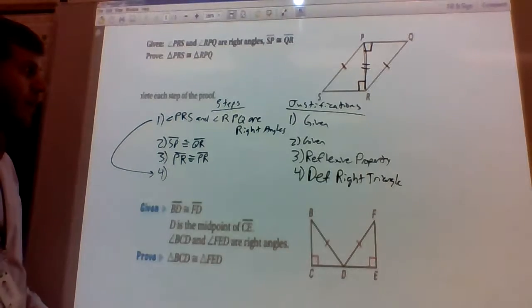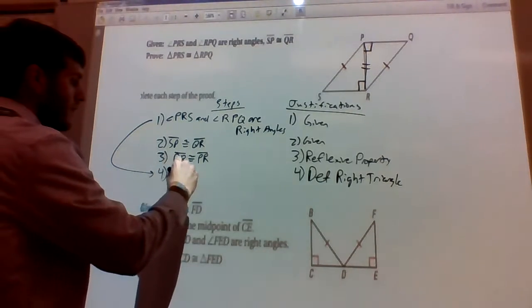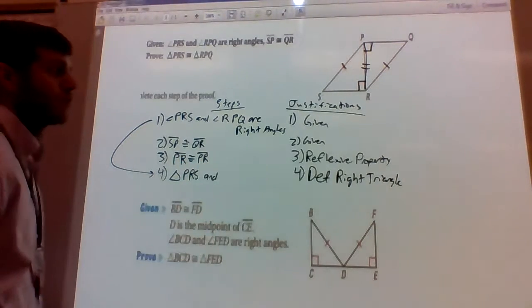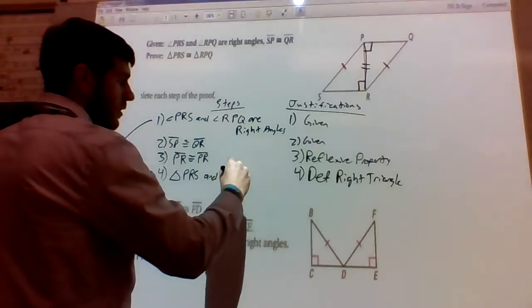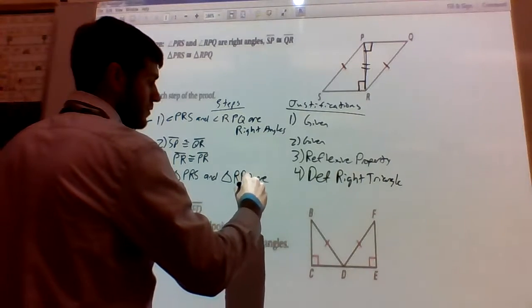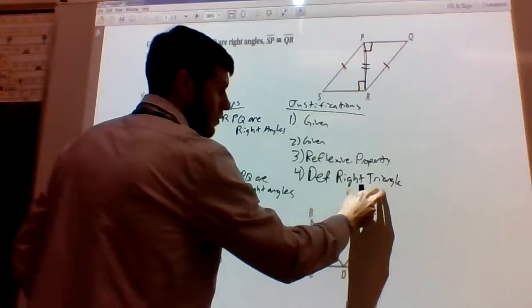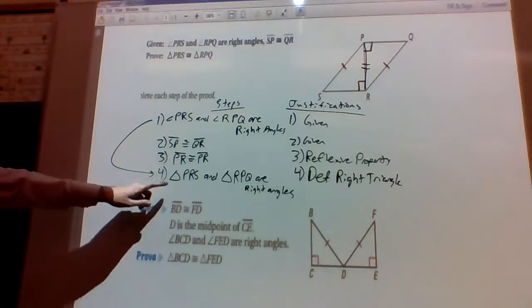So if angle PRS is a right angle, triangle PRS is a right triangle. If angle RPQ is a right angle, triangle RPQ is a right triangle. So if you have a right angle, you have a right triangle.